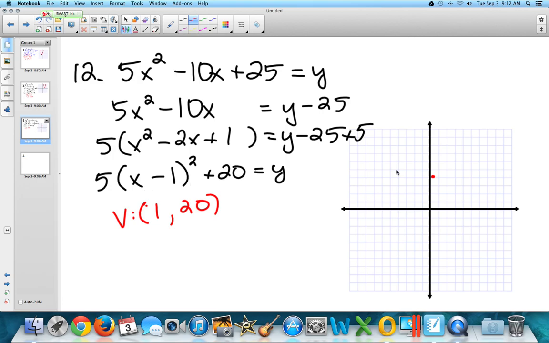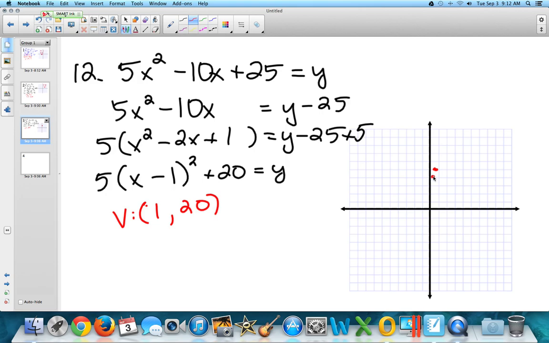Now, in the past 2 examples, I did not have this leading coefficient. I didn't have a 5. I didn't have anything out front except a 1. So what I did was I went over 1, up 1, over 2, up 4. I would have gone over 3, up 9, because I square that number. This is a multiplier. So I would go over 1, up 1, but I multiply the up 1 times 5. So I go over 1, up 5.